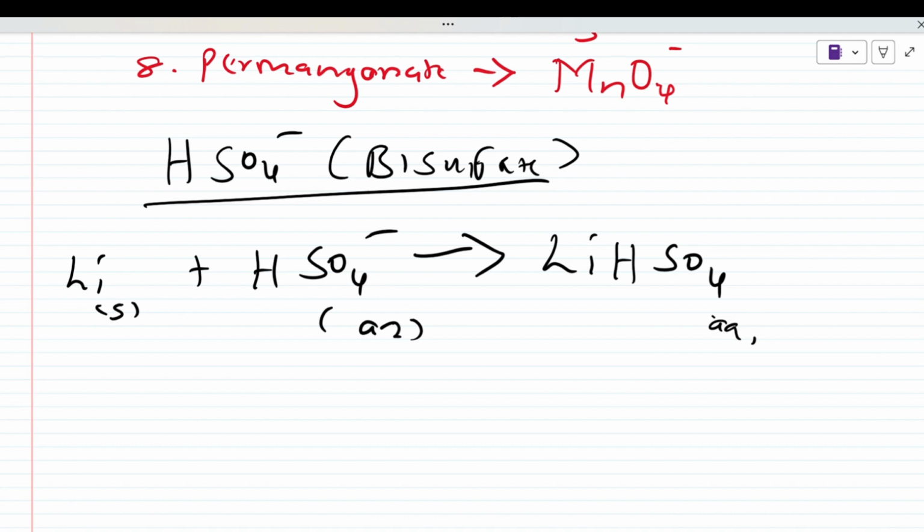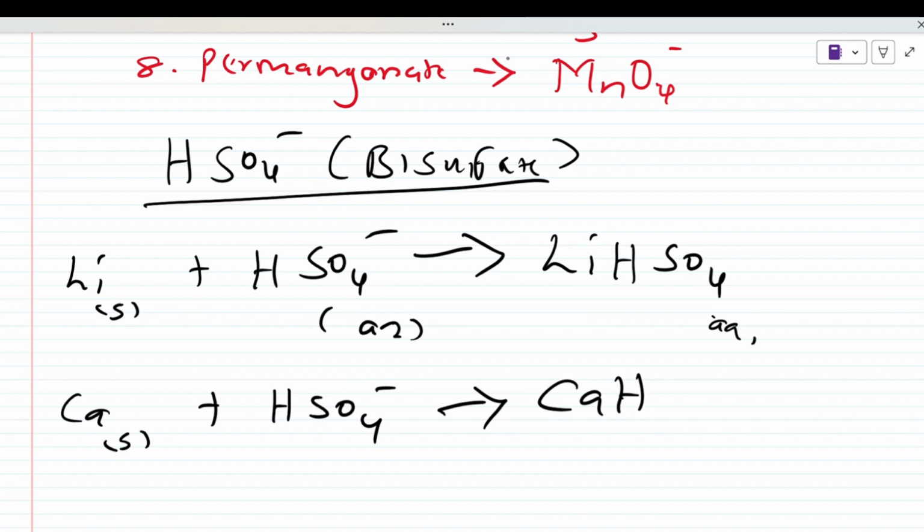If I bring a group 2, I can have calcium, solid, plus bisulfate. At the end of the day, I'm going to have calcium hydrogen sulfate. Sorry, there is no charge. Then we have our aqueous.